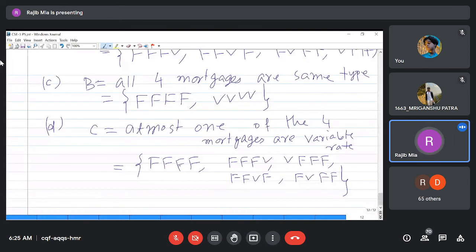No variable rate gives this one, and exactly one gives these 4. So total 5 outcomes in the event C.